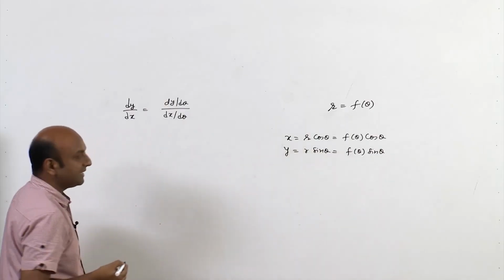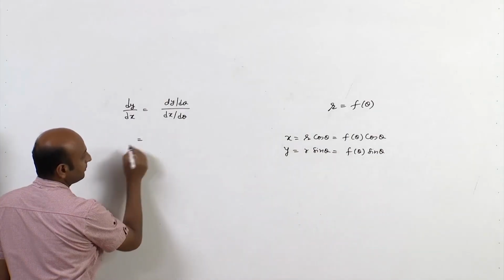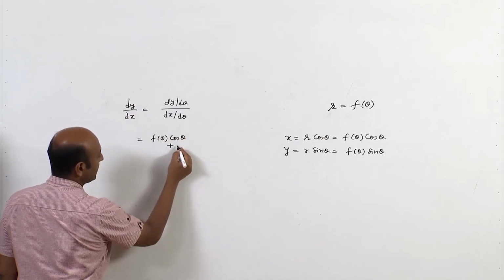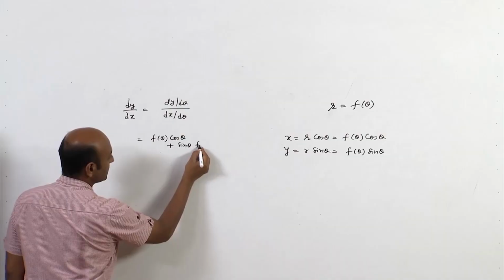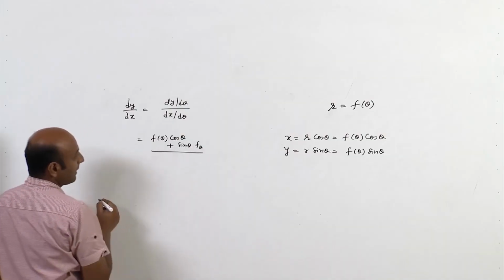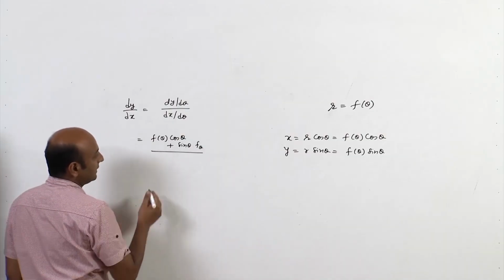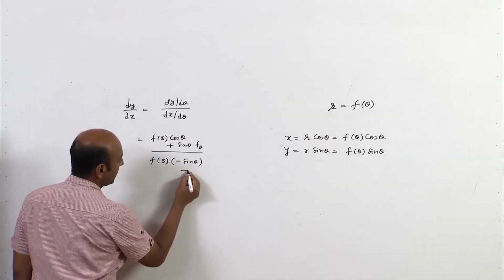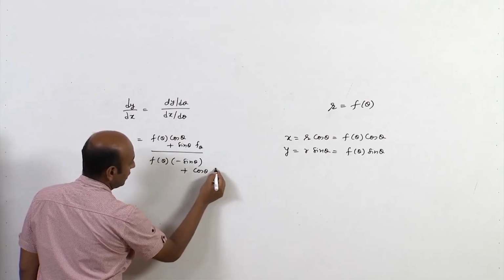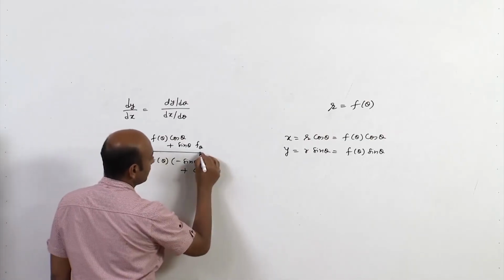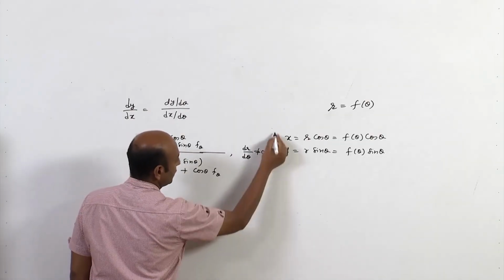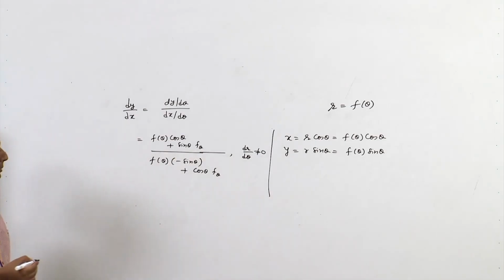Now, what is dy by d theta? dy by d theta will be first as it is into derivative of second plus second as it is into derivative of first, upon, for dx by d theta, dr by d theta is again f' theta into minus sin theta plus cos theta into f theta, provided dr by d theta is not equal to 0. So, this is the slope of the polar curve at a point r comma theta.